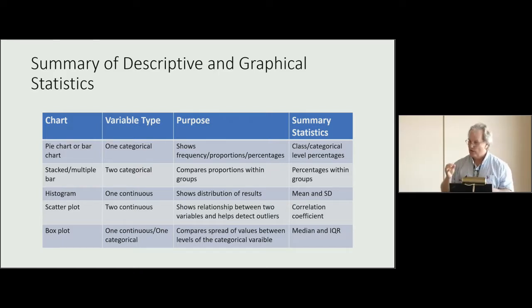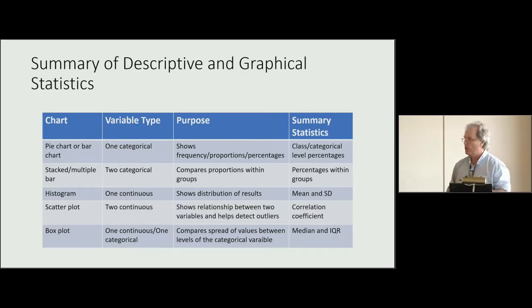So I'm going to talk about the histogram and the scatter plot and the box plot in the next couple of slides. But the histogram is important because we want to look at how our variable is distributed. It's going to help drive our statistical methods. This is often never reported in the literature, in an article.